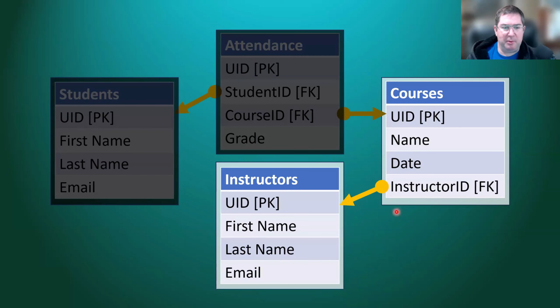So this is an example of a one-to-one relationship. Now, what it's saying is there are many instructors, but each instructor, oh, sorry, this is a one-to-many relationship, my mistake. Each course has exactly one instructor. So for every course, there's one instructor, but one instructor can have many courses.